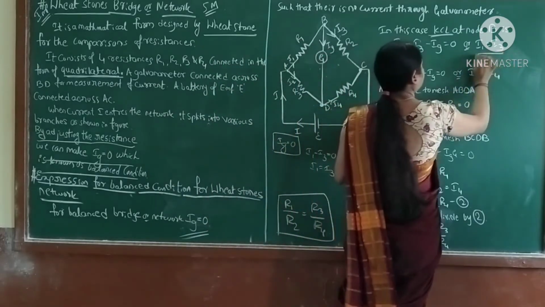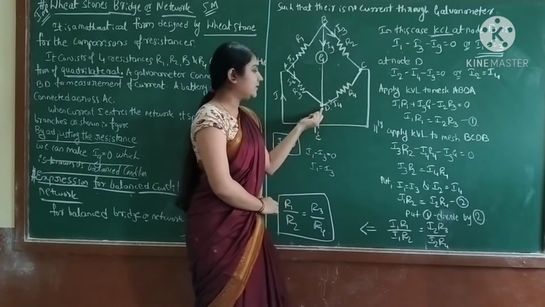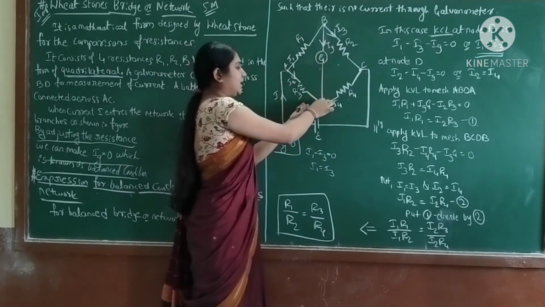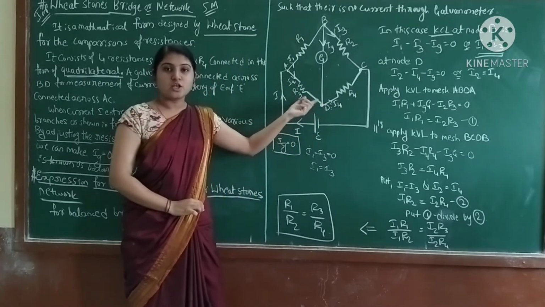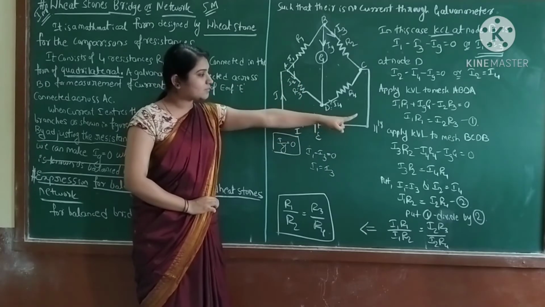Now similarly for the node D at this point. Here also three currents: one is IG, one is I4 and one is I2. Correct? Now see, I2 is coming towards D, so take it as positive.